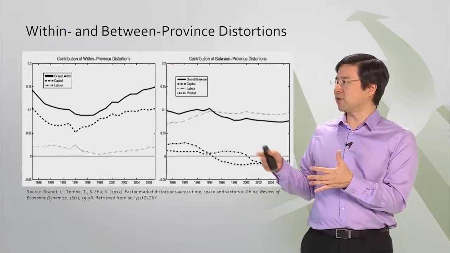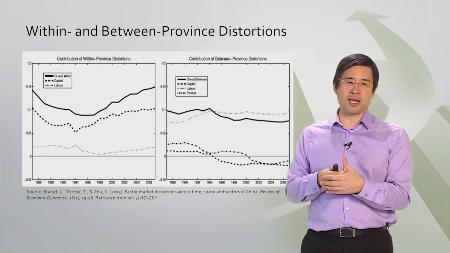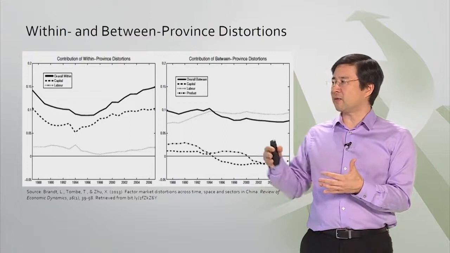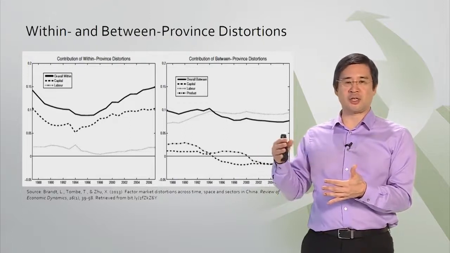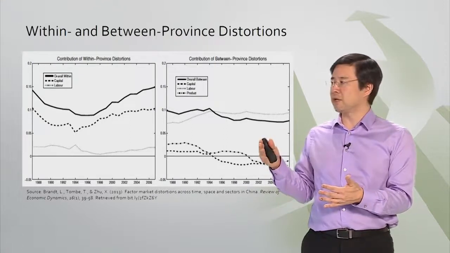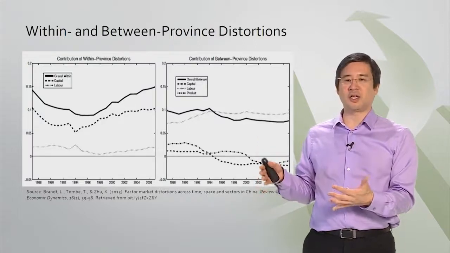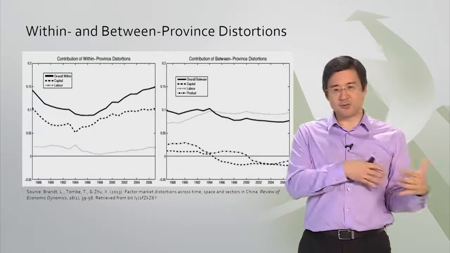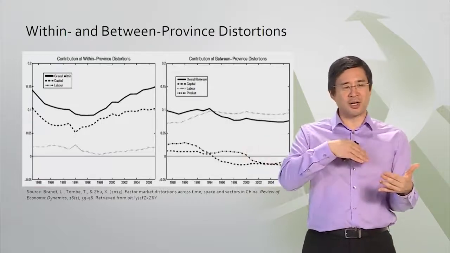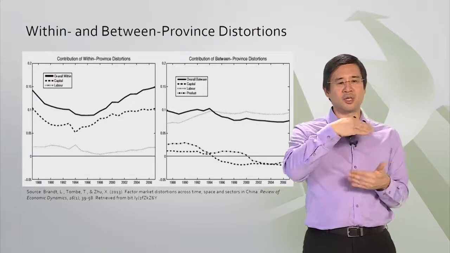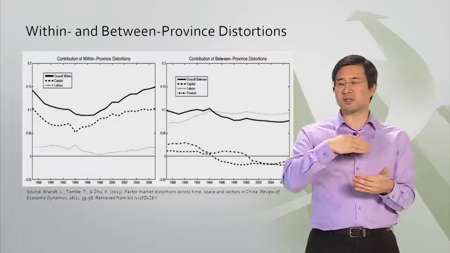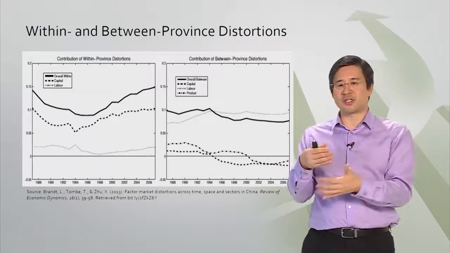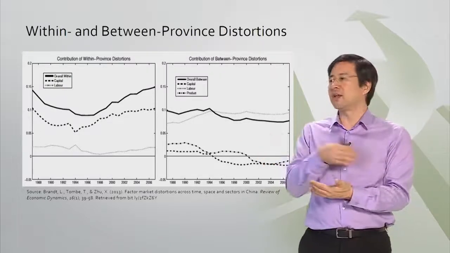In contrast, if we look at the allocation of capital and labor across provinces, we see kind of the opposite result, that now we see a large inefficiency in the allocation of labor across provinces, but very little inefficiency in the allocation of capital across provinces. So capital seems to flow freely across space, but doesn't seem to be allocated in a reasonable way between the non-state and state sectors, whereas labor can go where it wants to, state or non-state sectors, but moving geographically is costly.